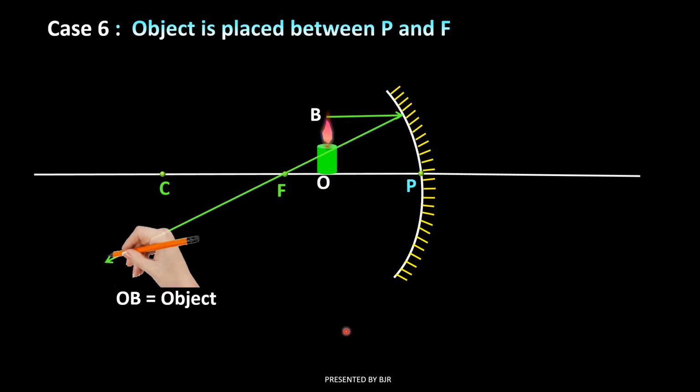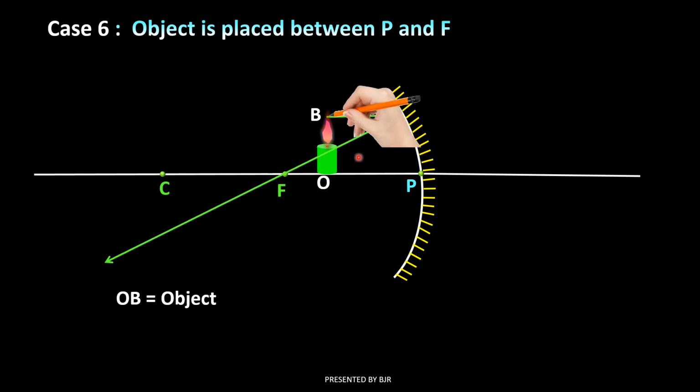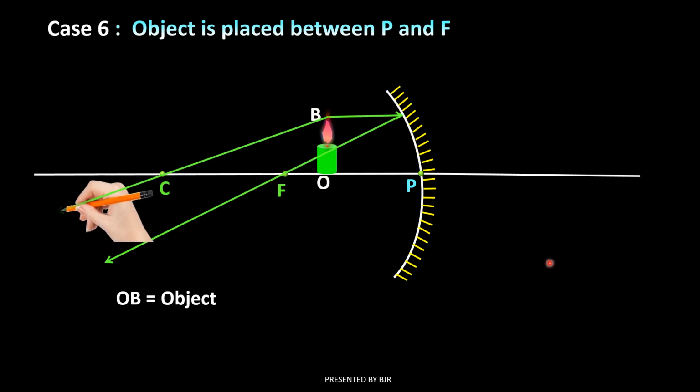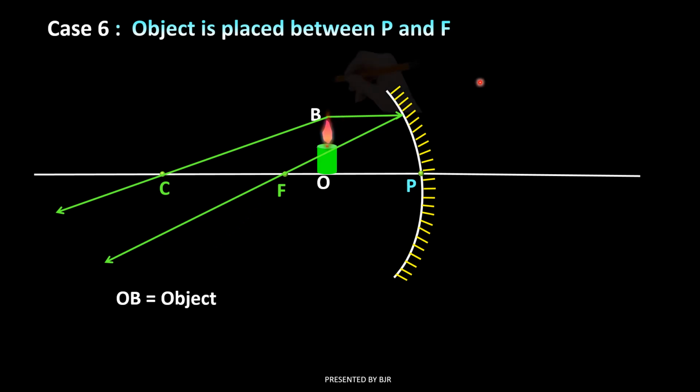This is the first reflected ray, and I am drawing the second reflected ray through the center of curvature C. And these two reflected rays do not cross even if you extend them up to infinity. Their separation will keep on increasing. So if they do not cross themselves, what we have to do, we have to extend them backwards.